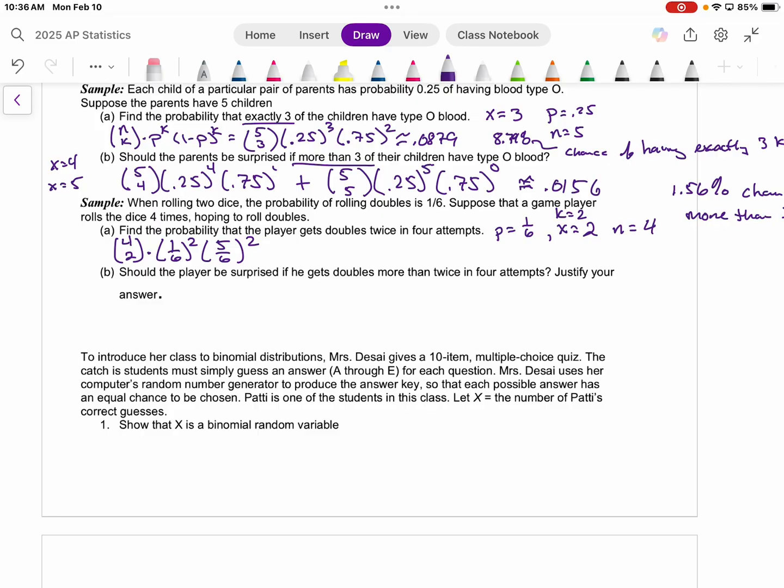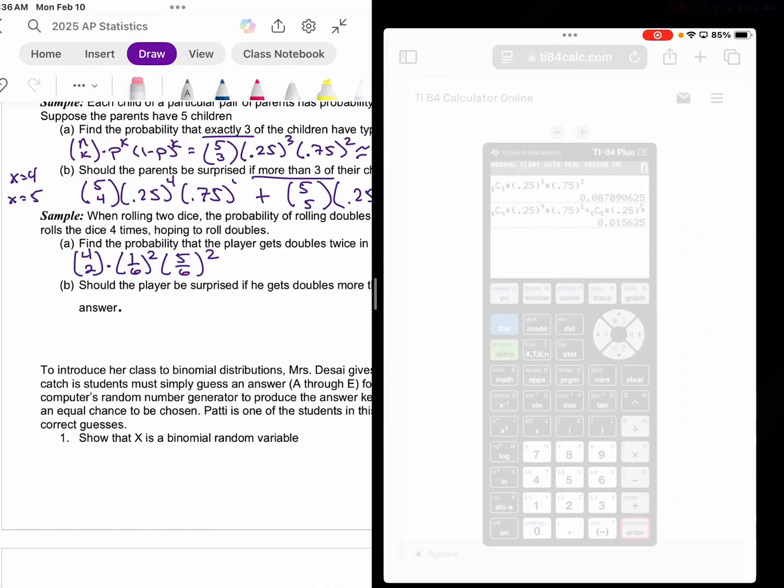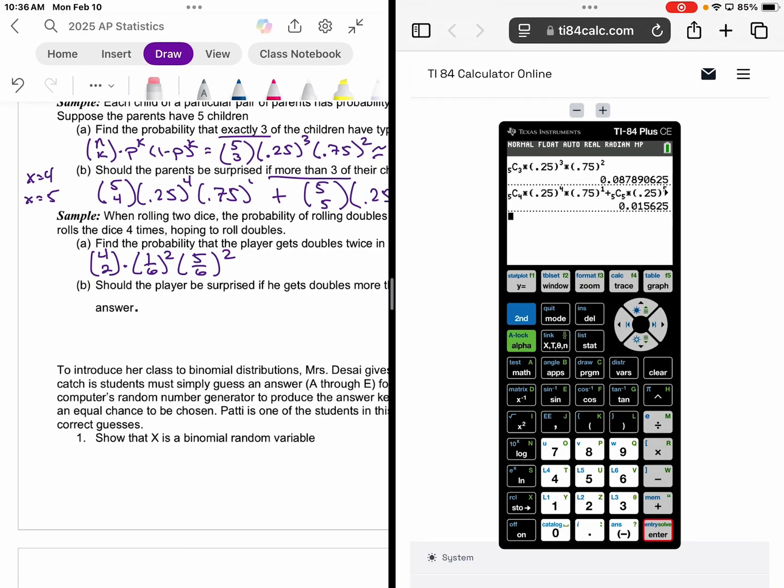All right, so we're going to go split screen up here. And again, we can use fractions. If you want to use fractions, you can. You don't want to turn it into a decimal and round, because then you're going to be off on your accuracy. So you're safer going through this with the 1/6 and so forth.